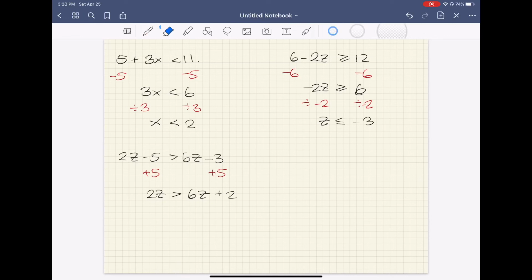And get rid of the 6z: minus 6z, minus 6z. We get 2 minus 6, which is negative 4z greater than 2. Okay, now divide by negative 4 on both sides. We get z. Dividing by a negative number, switch the sign. And that's negative 1 over 2.